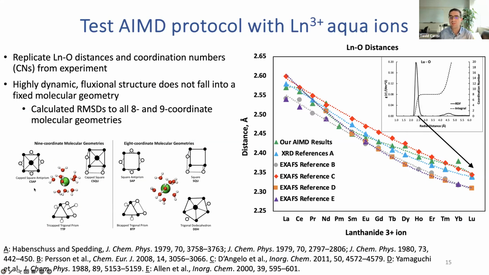So it will sample the change between these two. But if you have, for example, one of the middle lanthanides that fluctuates between a coordination number of 8 and 9, the ab initio MD will not sample the changing coordination number from 8 to 9. So there will not be water exchange events.